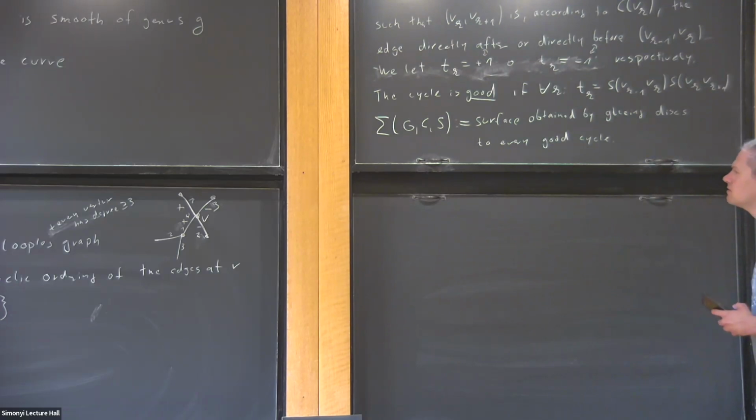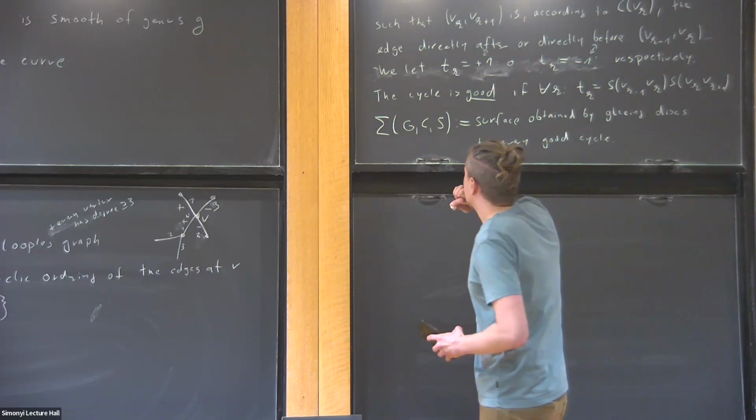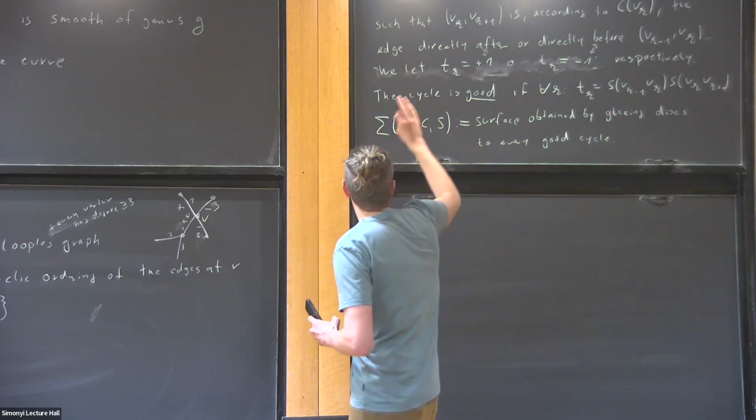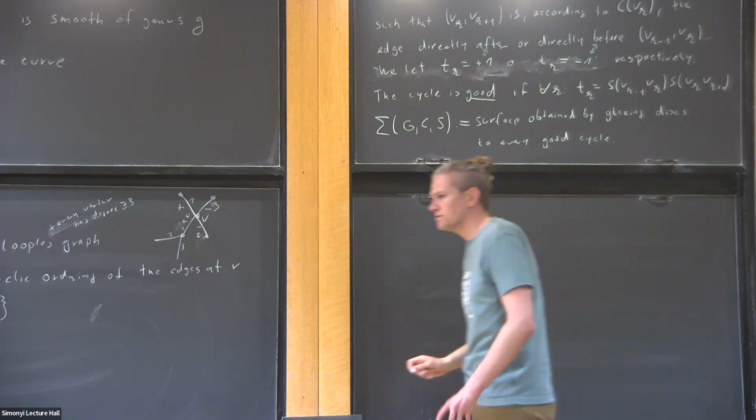Okay, so this gives you an embedding of G into a surface.